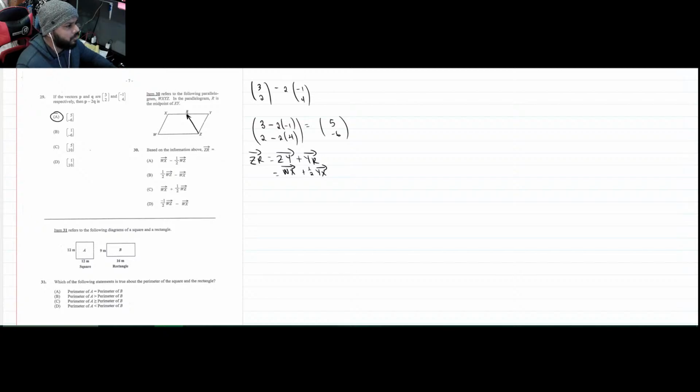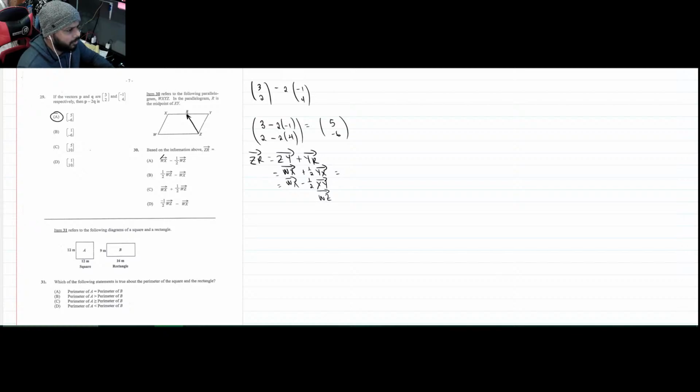YR is also negative a half of XY. So we can have WX minus a half XY. So this is WX minus a half WZ. Yeah, that can work. Yeah, XY is the same as WZ.